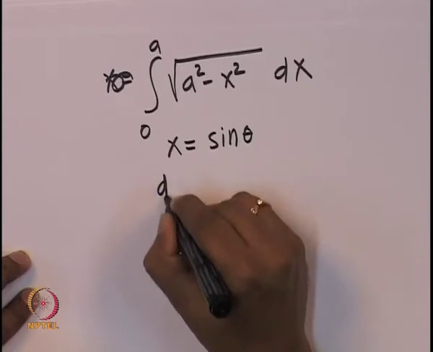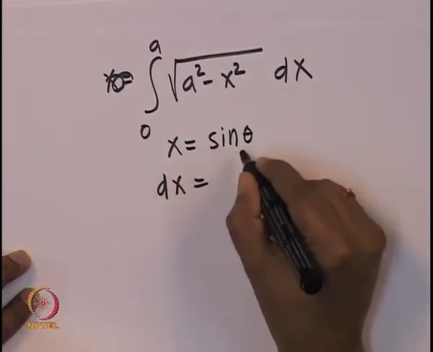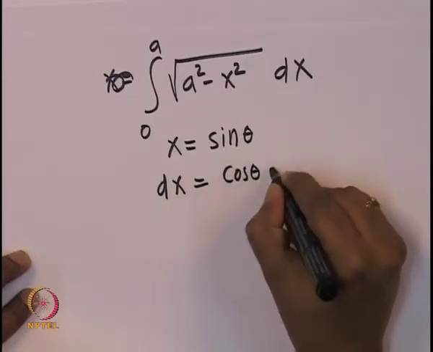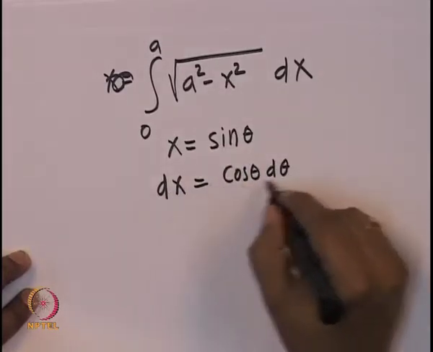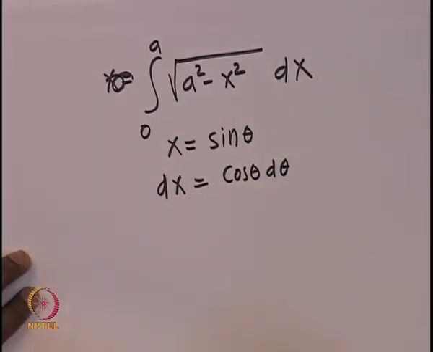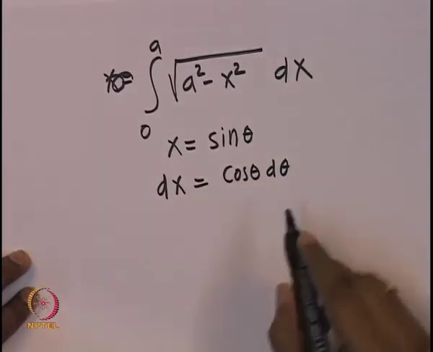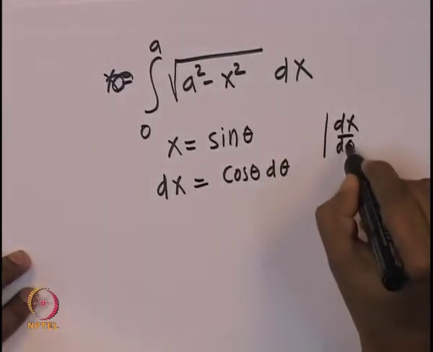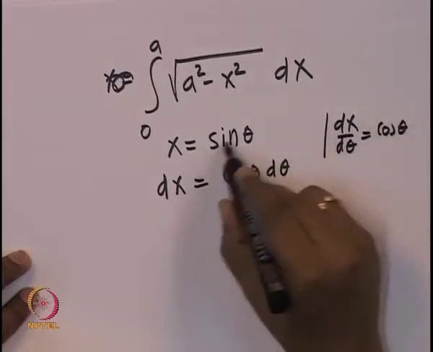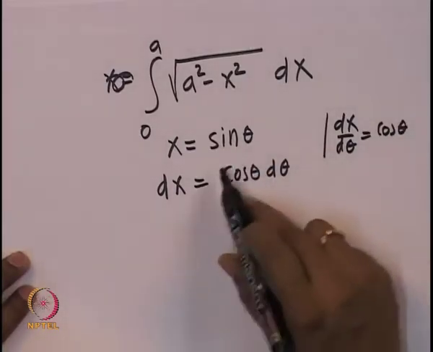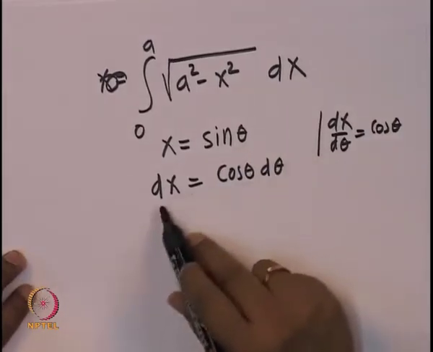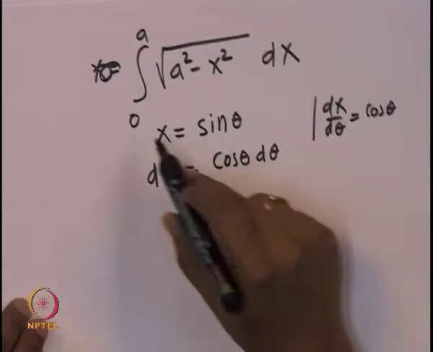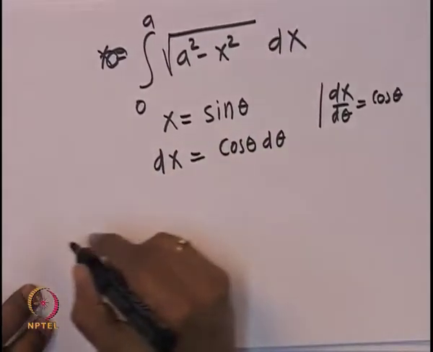This means dx is the derivative of sin theta, which is cos theta d theta, because dx by d theta will be cos theta. So dx is equal to cos theta d theta.